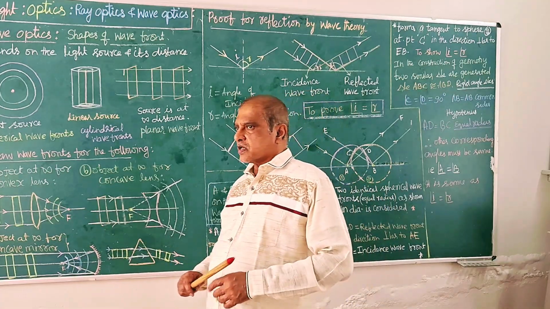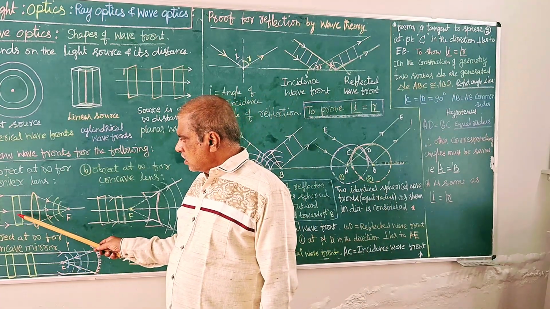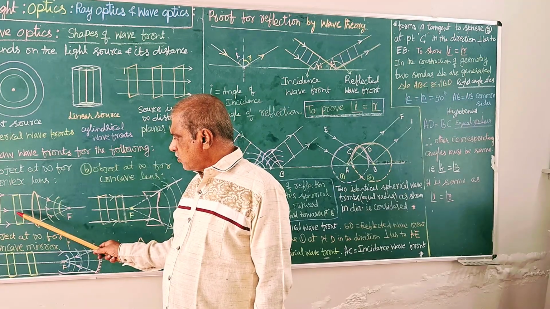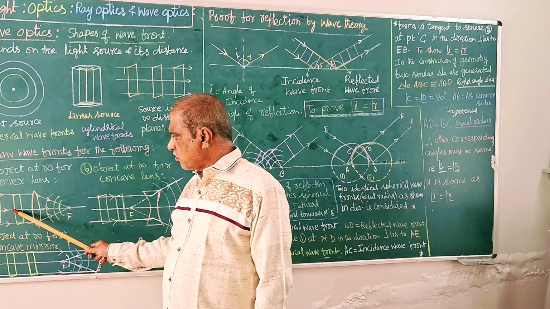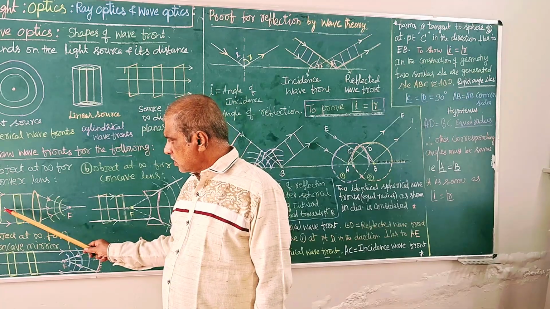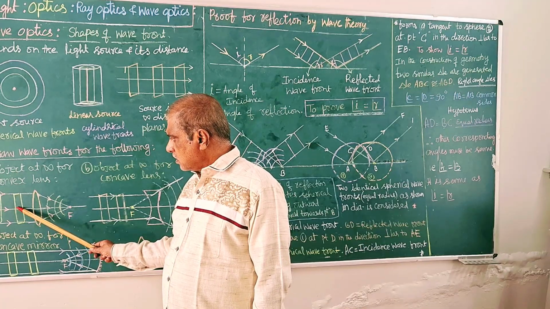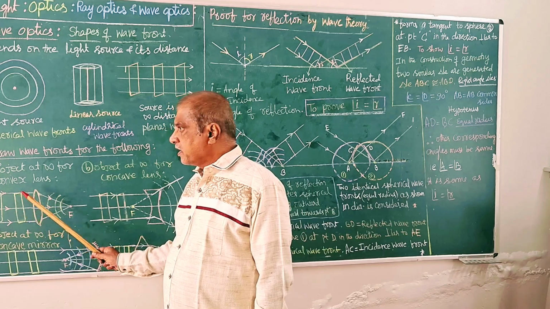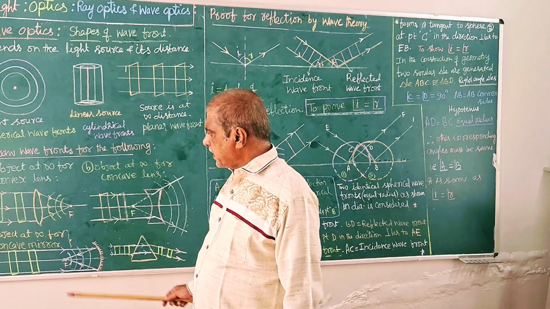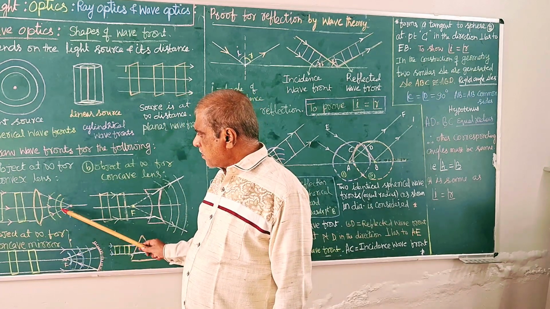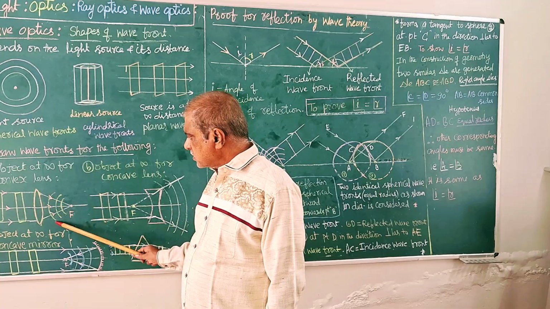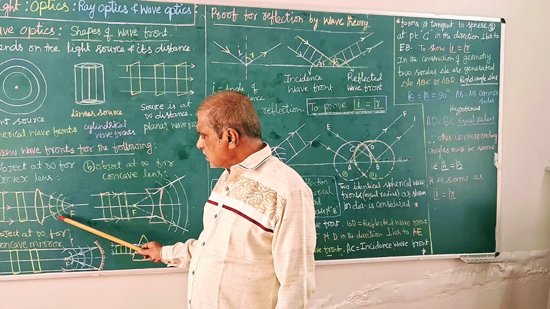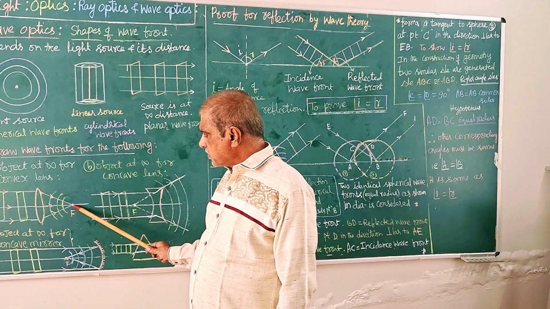In this case, the shape of the wavefront is planar before passing through, because the rays are coming from the infinite source. Once it passes through the convex lens, the wavefront changes into spherical shape like this. Not planar, but spherical, and these spherical shapes are converging towards the point.